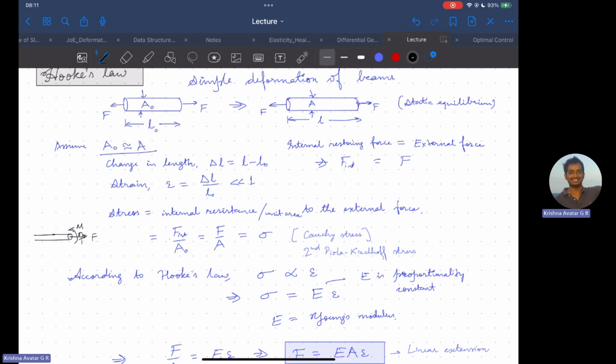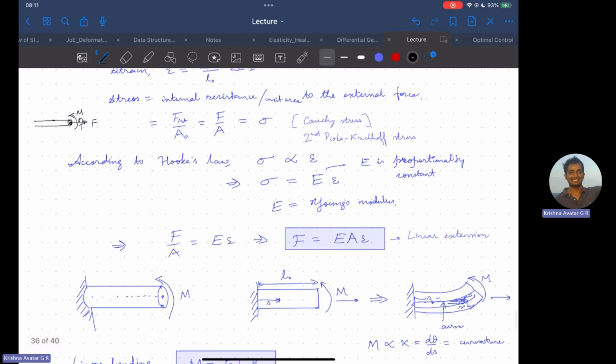And then you have torsion, where you're applying a torque. Torque is a moment in plane, as if you are applying a load which tries to rotate this cross section about the longitudinal axis. That is called a torsional mode of deformation.